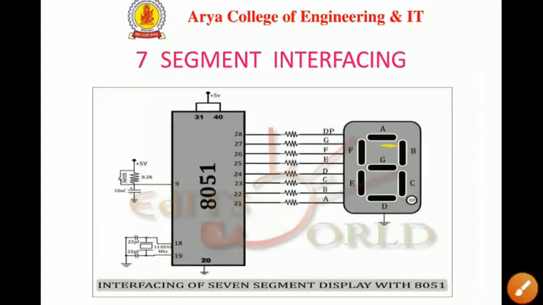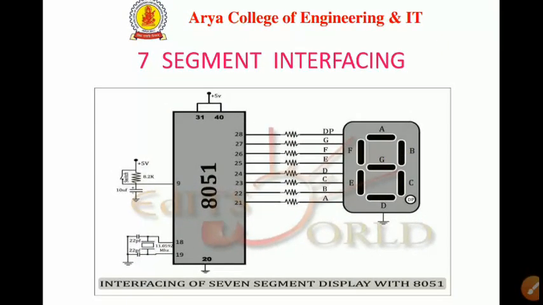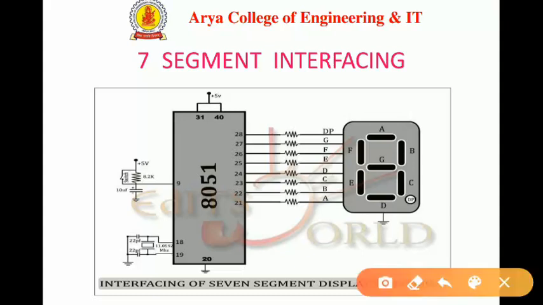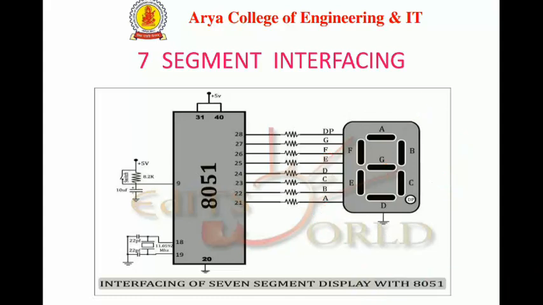Now another is 7-segment interfacing. What is 7-segment interfacing? We have a 7-segment display in which we have 7 segments, and these segments are different LEDs named A, B, C, D, E, F and G. These are 7 segments which are individual LEDs connected to the microcontroller.